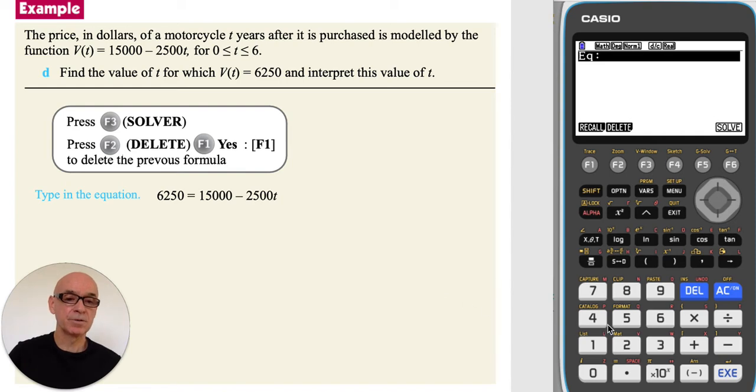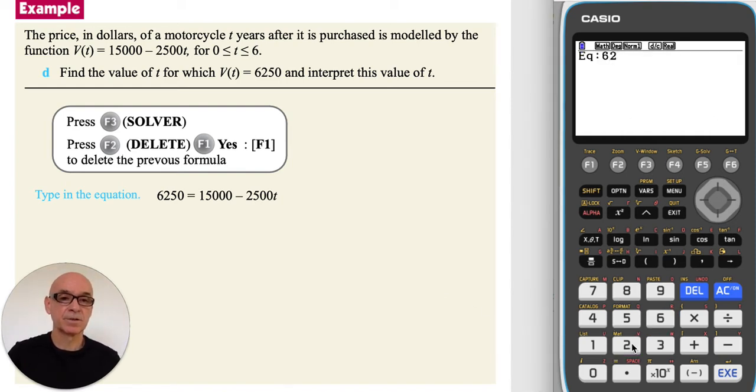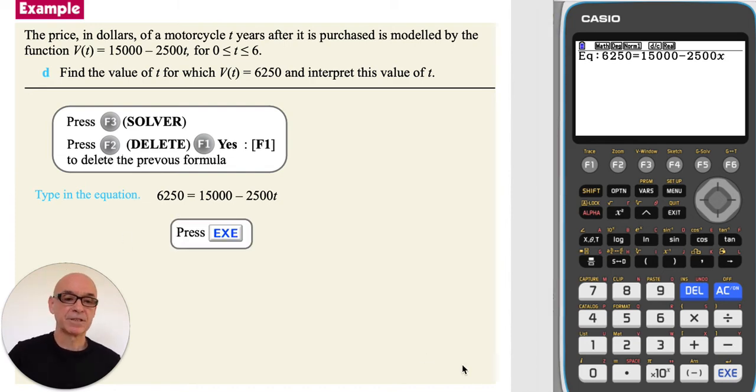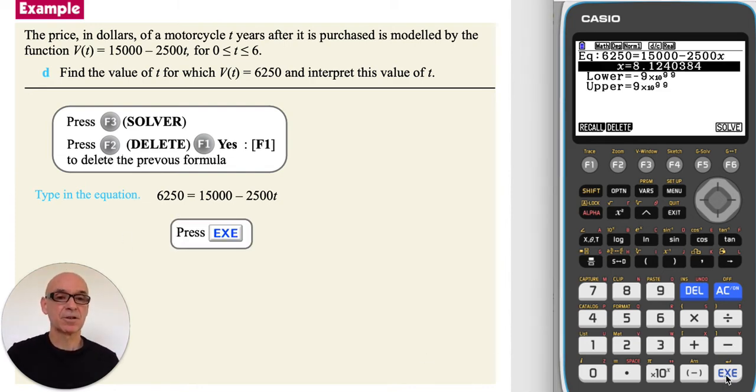Typing in the equation, so that's 6,250, and then Shift to access the equals, and then 15,000 subtract 2,500, and then pressing X for the variable button, t. Pressing execute to enter the equation.